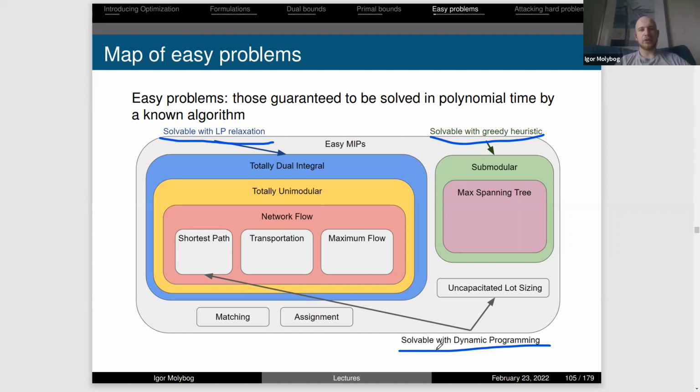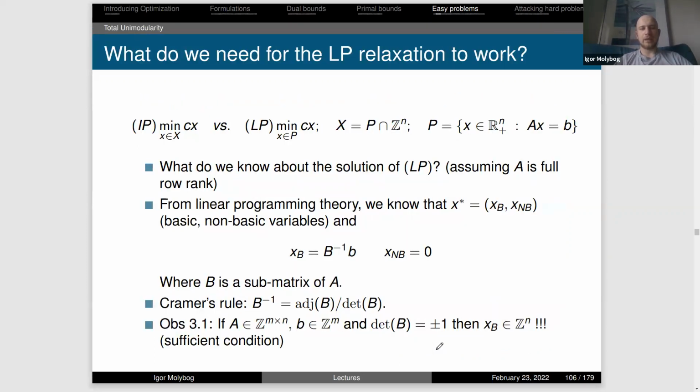It's extremely important to understand how exactly to show that the relaxation is exact, and the greedy heuristic is exact, because it's basically telling you in which form you need to put your problems to make sure that it's easy.